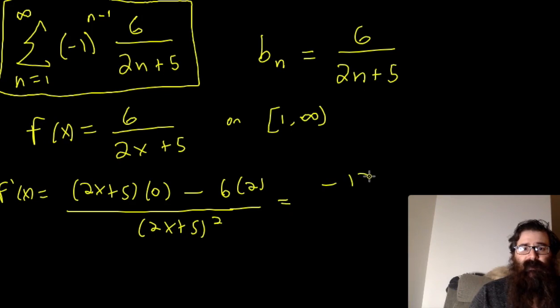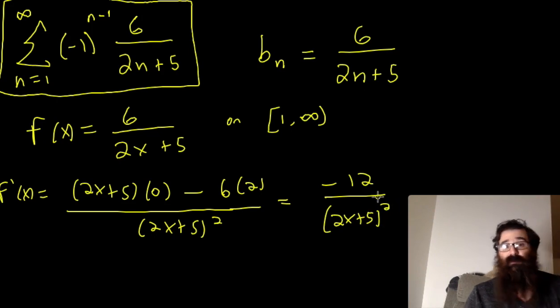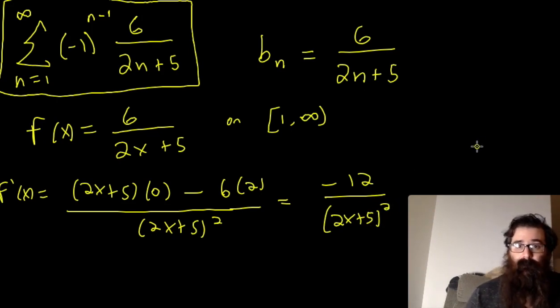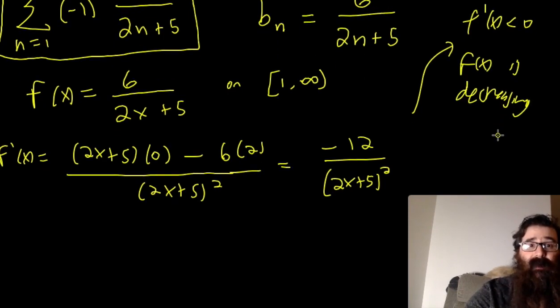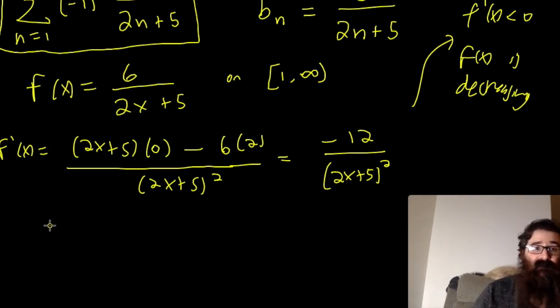And I'm left with -12 divided by 2x plus 5 quantity squared, which is definitely negative, right? So we'd say f prime of x is negative, which means that f of x is decreasing, which means then that my b sub n is decreasing as well.